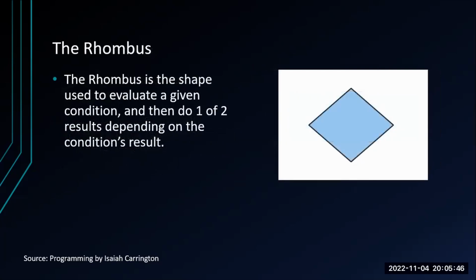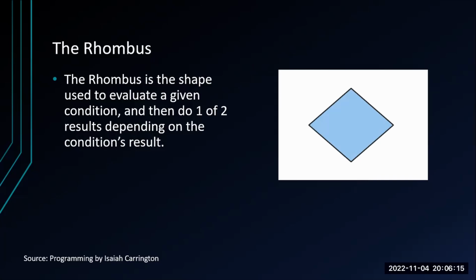And then there's the rhombus or the diamond. This is the shape that's used to evaluate a given condition, and it would then do one of two or many results depending on the condition's results. So this shape would be used for if statements. It'll also be used for loops.